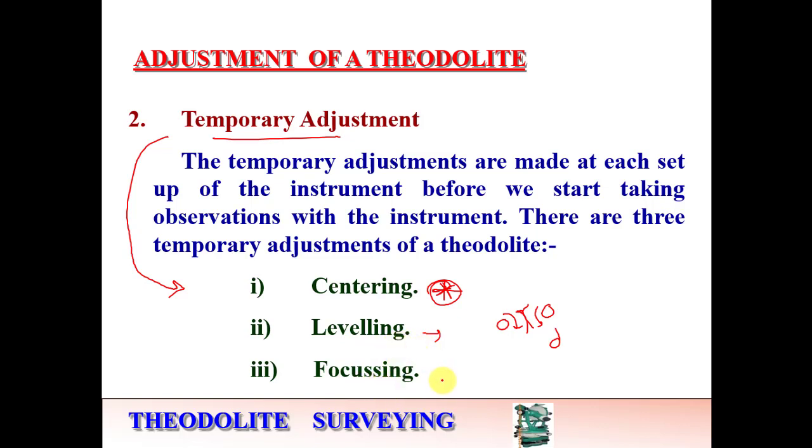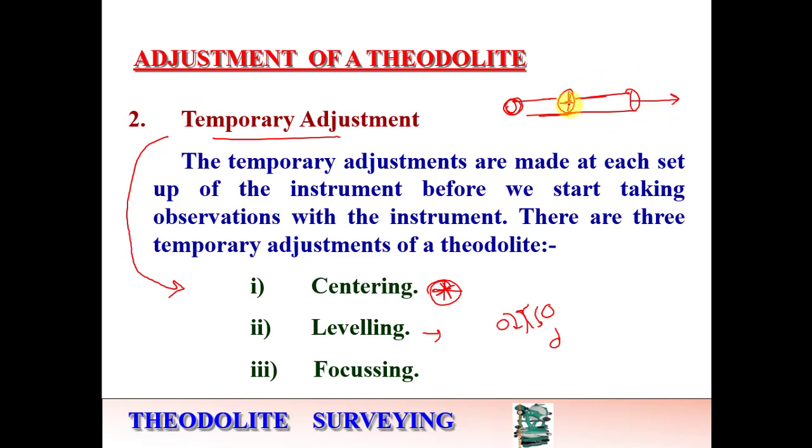The third one is focusing. Focusing means you are going to see the diaphragm, which is inside your telescope, with the help of the eyepiece. And after the focusing, whenever you are able to see the crosshairs, you will sight your object.